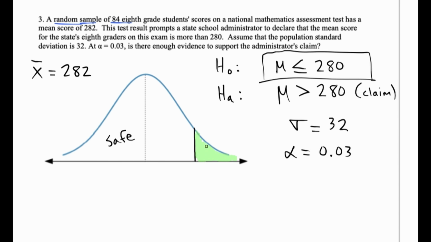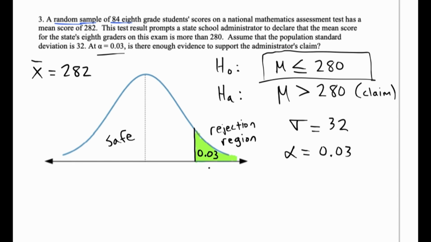Null says that it's less than or equal to a certain value. If we get a sample mean that's really big, that would go against the null. Okay, since it's a one-tailed test, all of the alpha is going to be contained in that one tail.